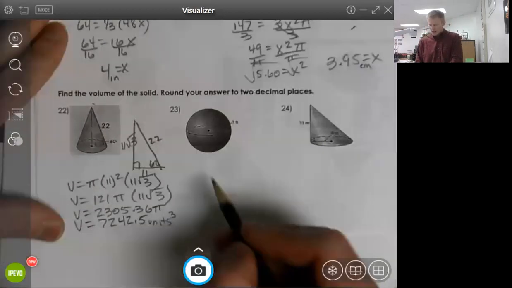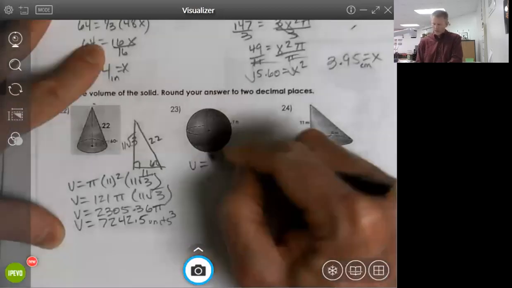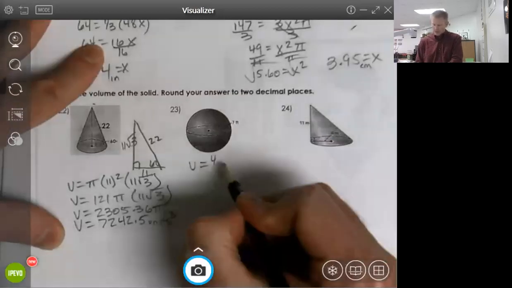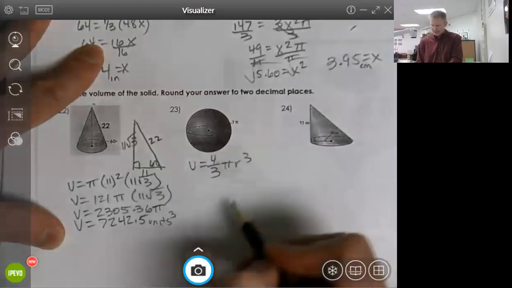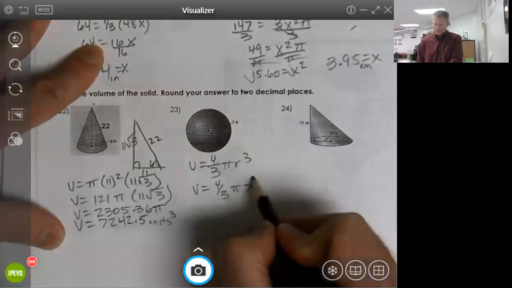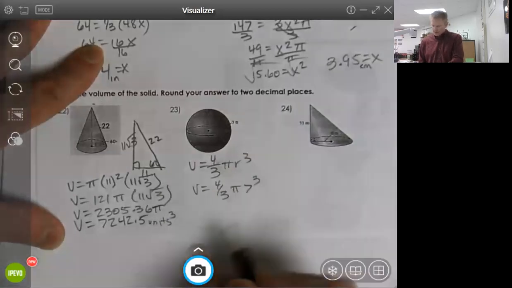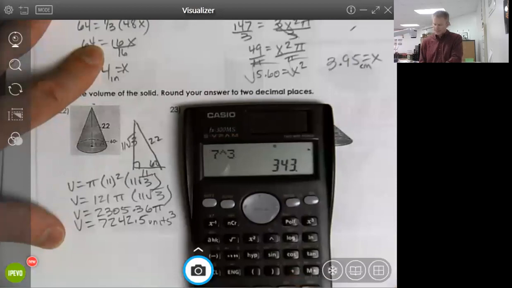A sphere, the volume is not 1/3, but 4/3 pi r cubed. If the radius is 7, we know that 7 cubed, 7 raised to the 3rd power is 343.